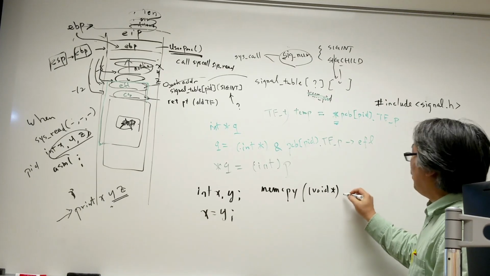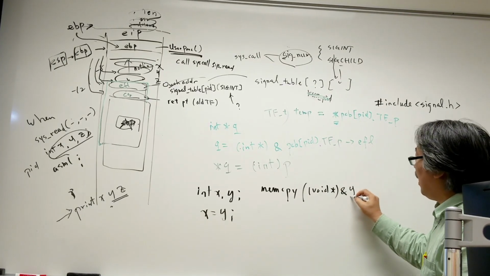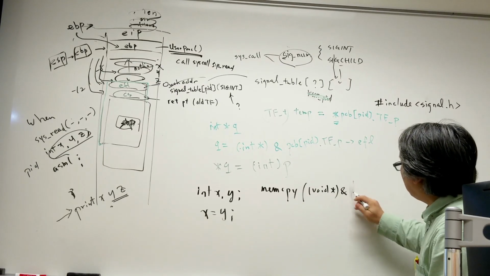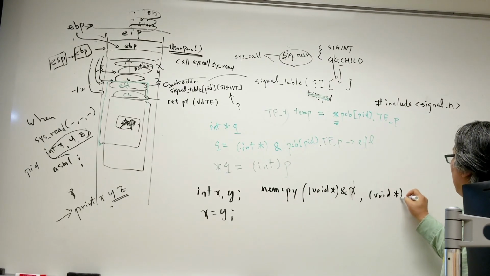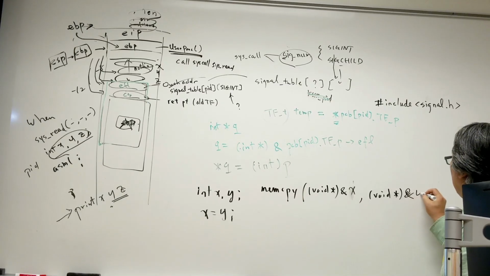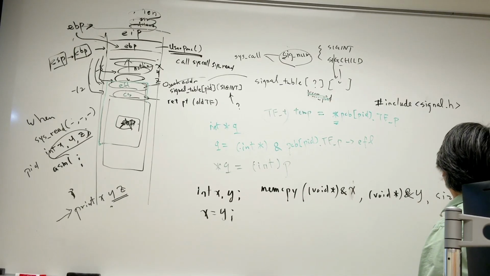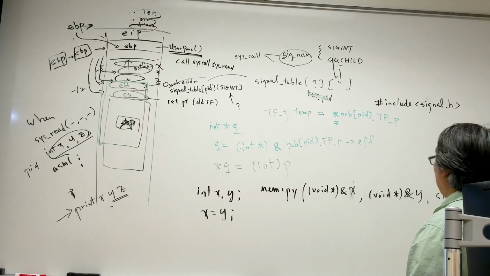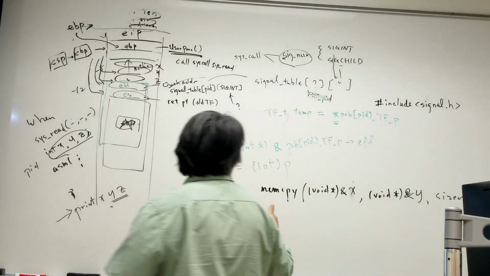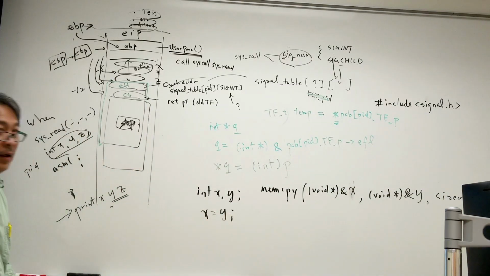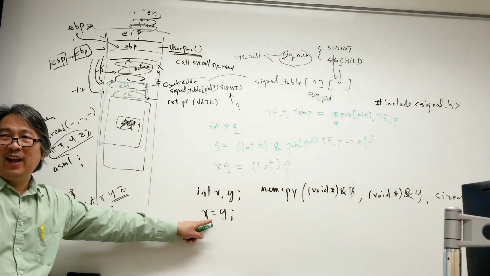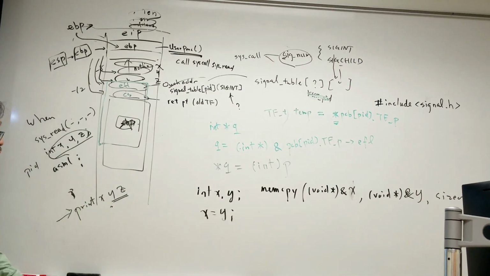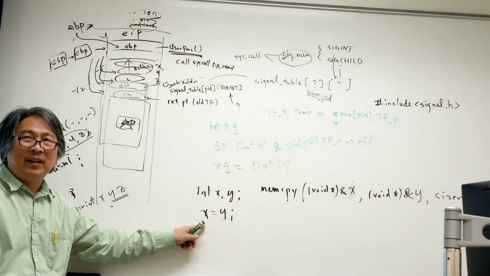Okay, void pointer cast of the x destination, and then the void pointer cast of the ampersand y. All right, so that's copy. Okay, that's copy. All right, so you use copy everywhere. Then you start wondering, what's this for? All right, so that's a method. Okay, in Java, that's a method.